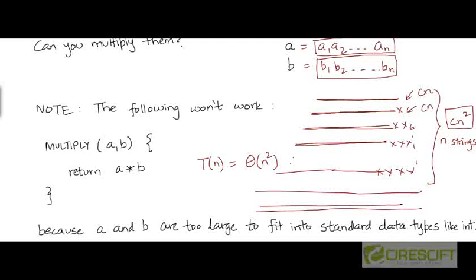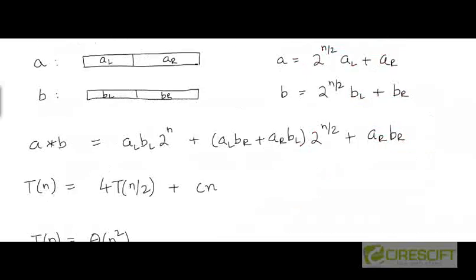Well, let's try using a divide and conquer strategy to develop an algorithm. Here are the numbers a and b again. Both are n bits long, and I have denoted a sub l as the left half of a.